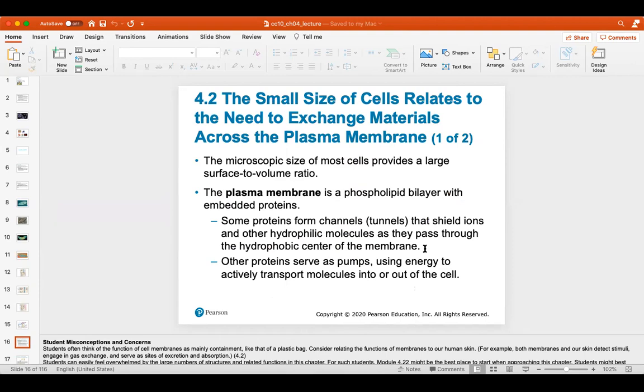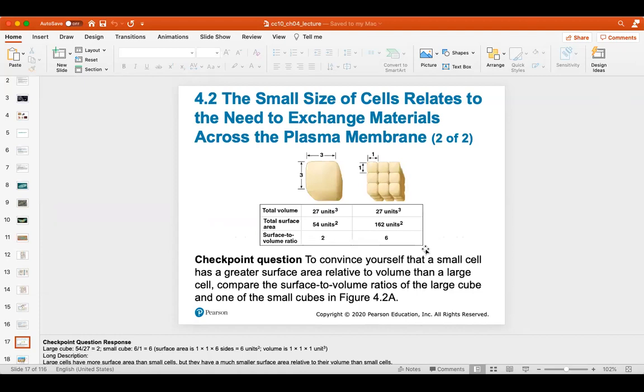Some of these proteins form channels or tunnels that will shield ions and other hydrophilic molecules, meaning water-loving molecules, as they pass through the hydrophobic center of the membrane. Other proteins will serve as pumps, using energy to actively transport molecules into or out of the cell.